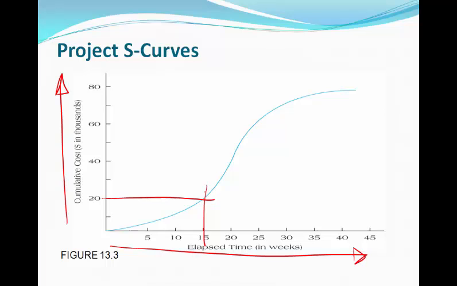It doesn't, however, tell us whether we are on track to complete the project or not. All it's telling us is what our spend should be at any given point throughout the project.